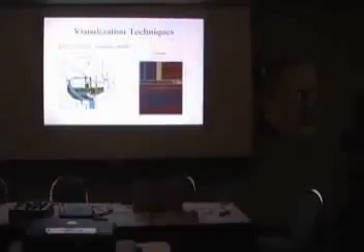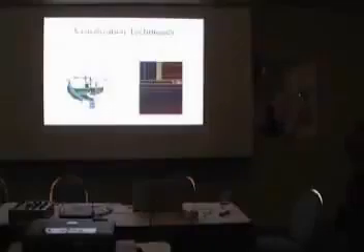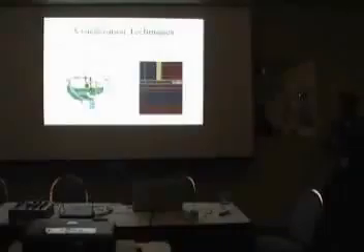Okay, so I talked about how it's important to decide what kind of visualization techniques you want to use. The different types of visualization techniques are focus plus context techniques and overview plus detail techniques. The way we use these techniques is based on the kind of data you have and the kind of visualizations you want to generate.